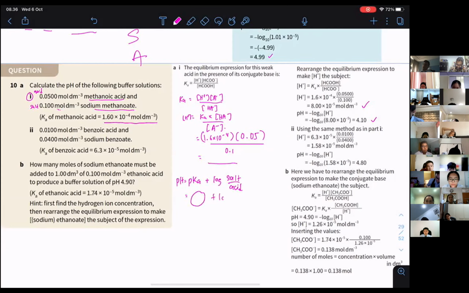Then you press log, salt 0.1 divided by acid 0.05, and you calculate straight away, you will get 4.1. This is how you use the formula also. Two ways, and I've shown you both ways.